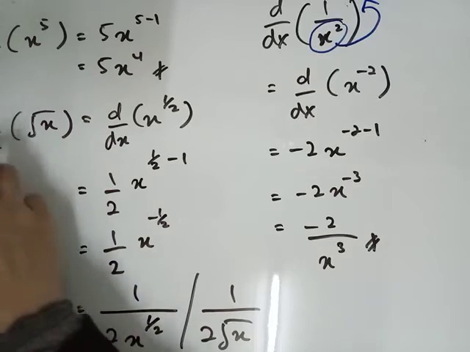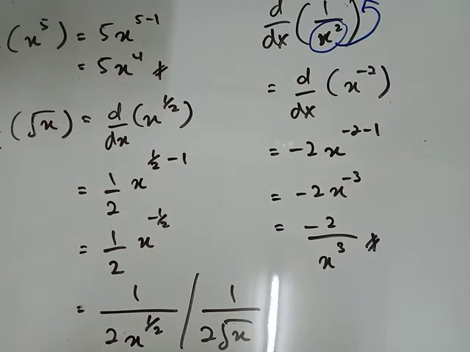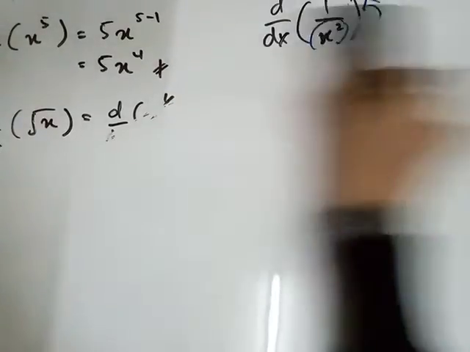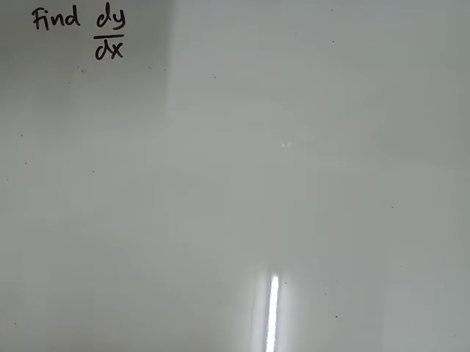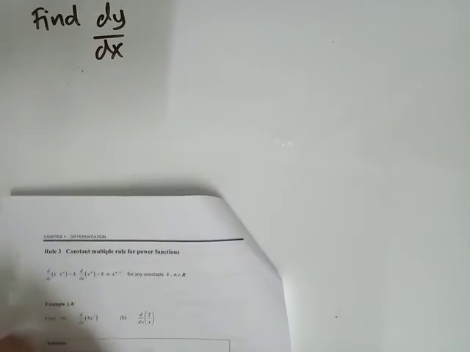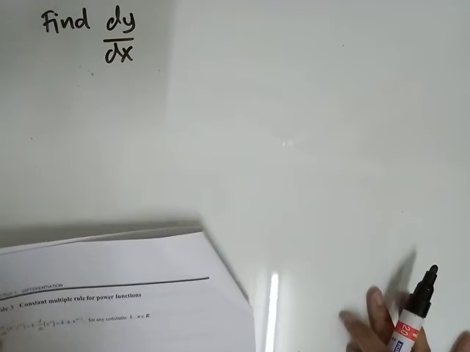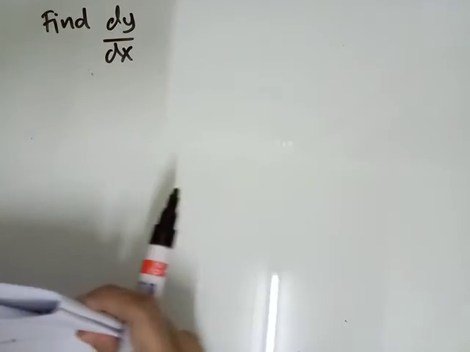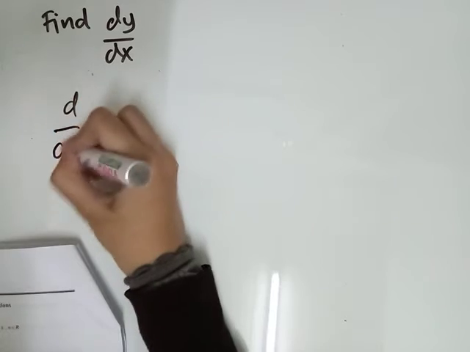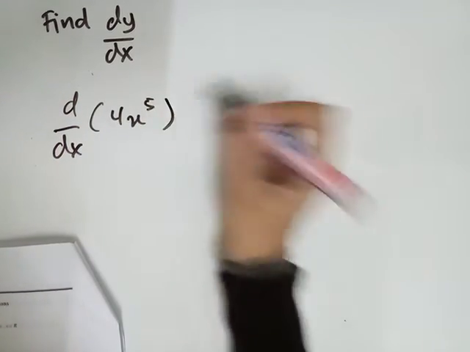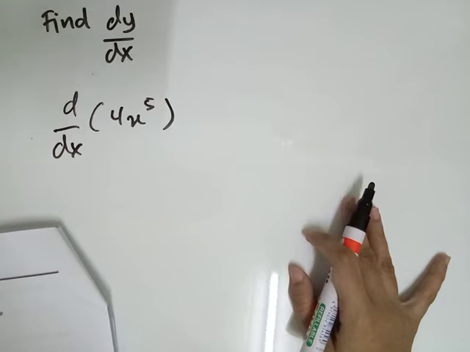Okay, look at example 1.4. Same as what I showed just now. d dx of 4x power 5, question number 1, the A in example 1.4.